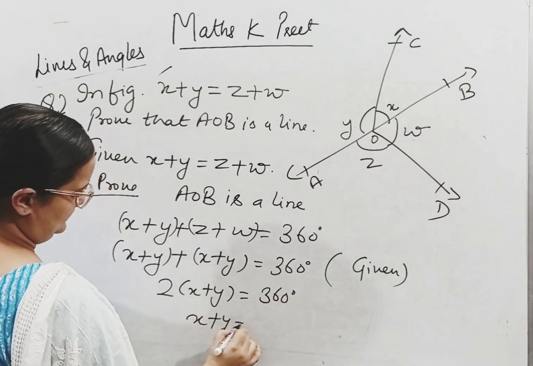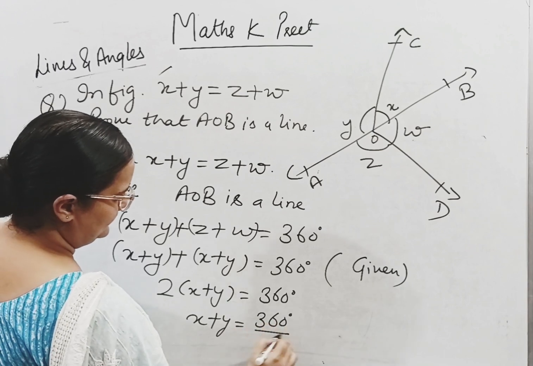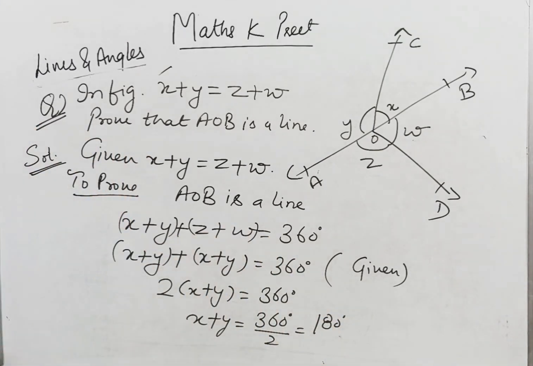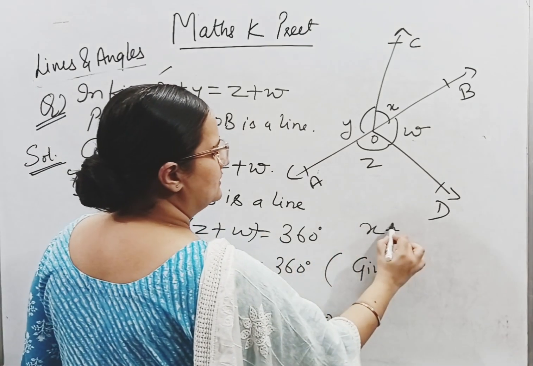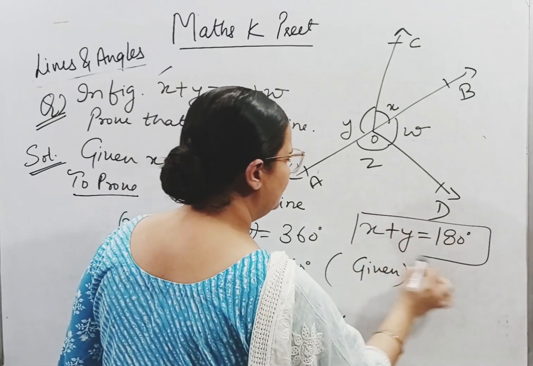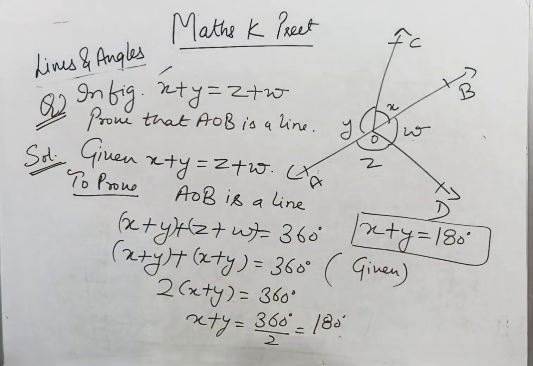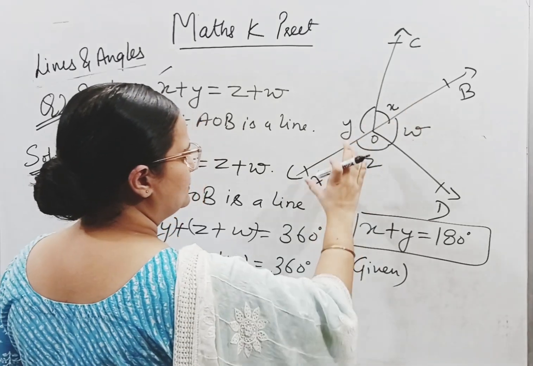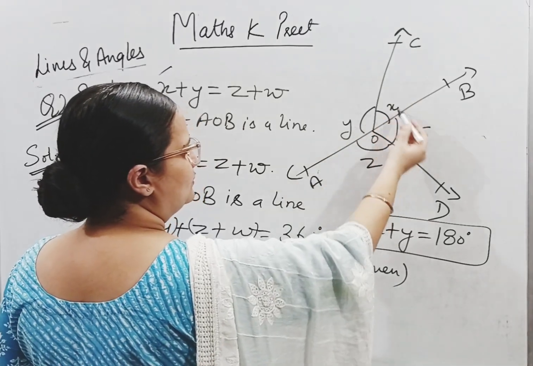X plus y is equal to 360 degree divided by 2, which is 180 degree. This is what the linear pair axiom says, that if the sum of two adjacent angles is 180 degree, then we will have a line formed by the non-common arms.